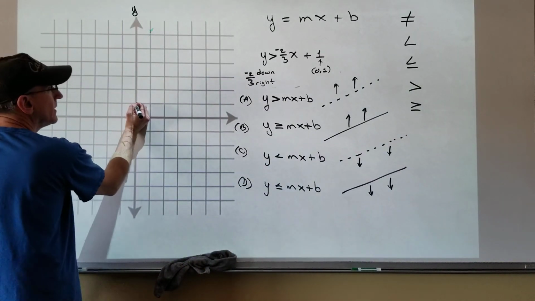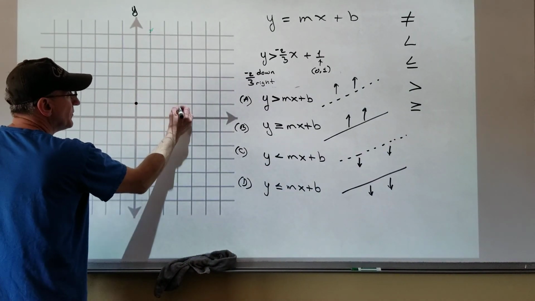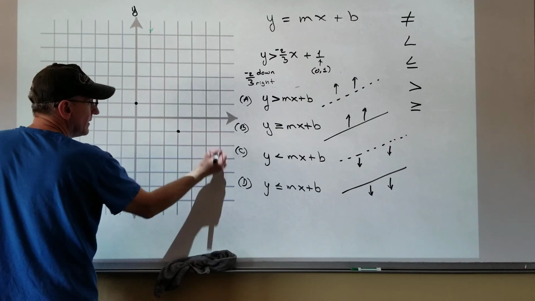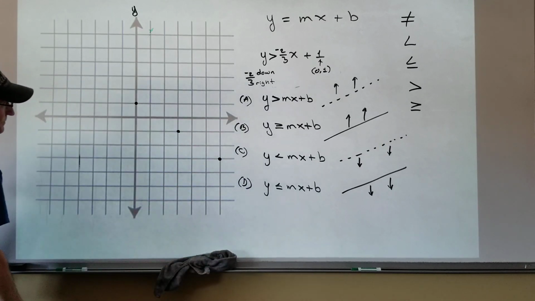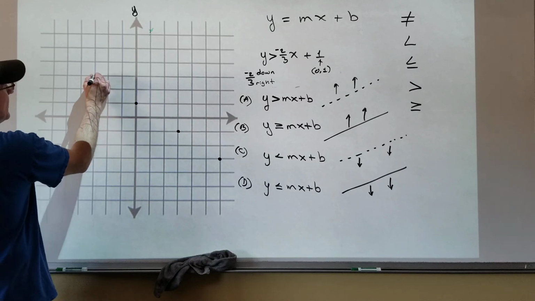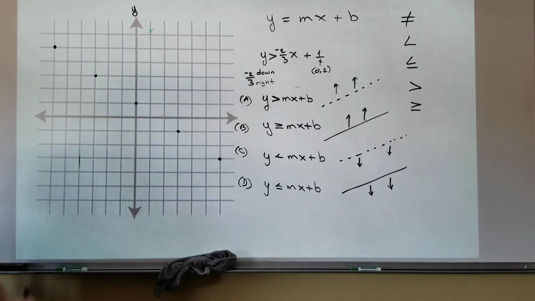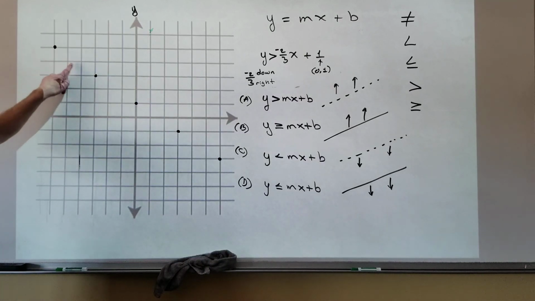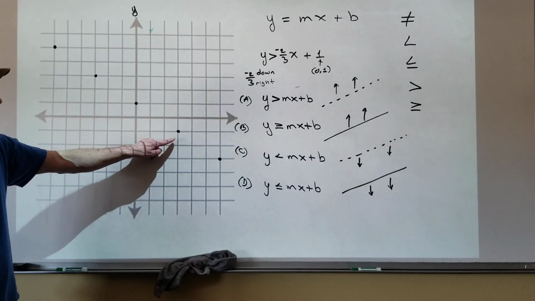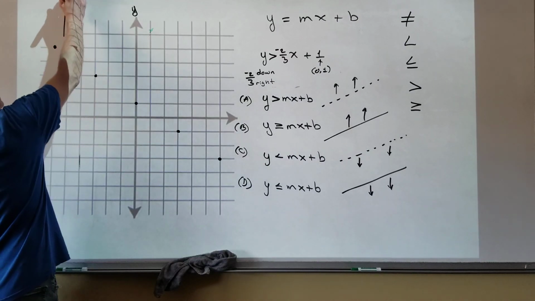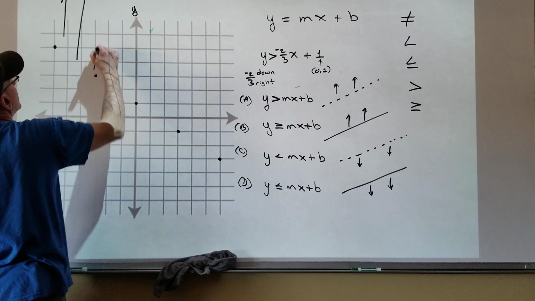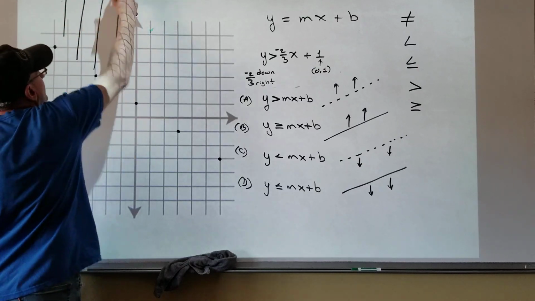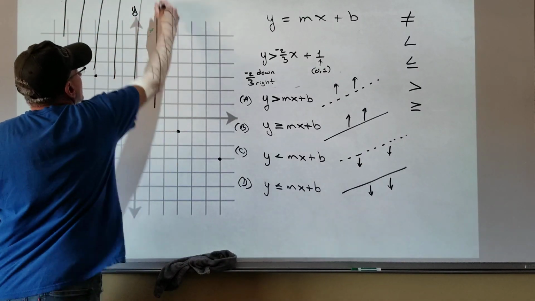Okay, I started here. This says 3 right and 2 down. 3 right and 2 down. You can also go 3 left and 2 up. Now, points along this line are not solutions. The solutions are above the line, like this. And I can demonstrate that.